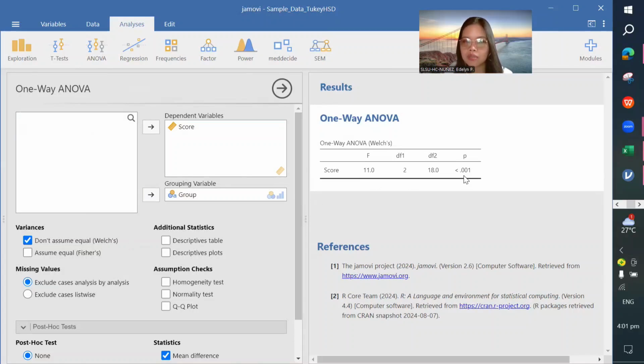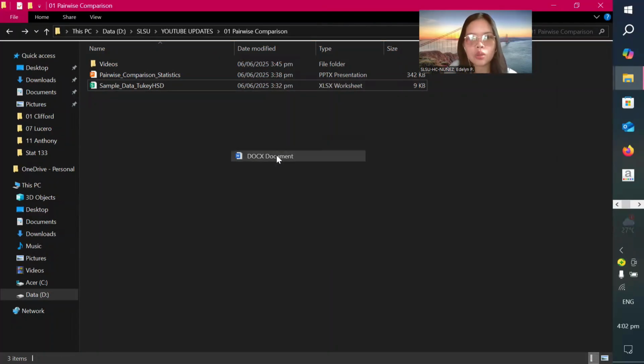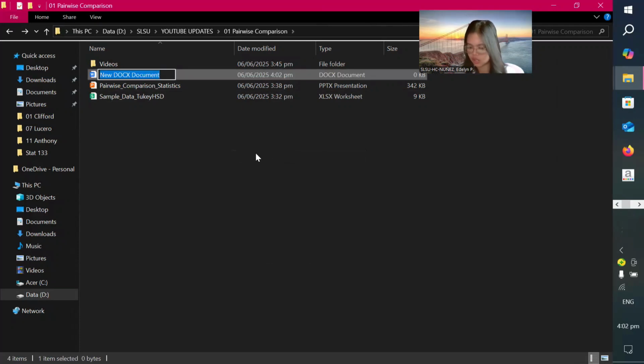And then, all right, so we have here the Welch ANOVA, we have less than 0.001. So what is our threshold? Take note that our threshold is 0.05. So in your manuscript, first is the statistical output.